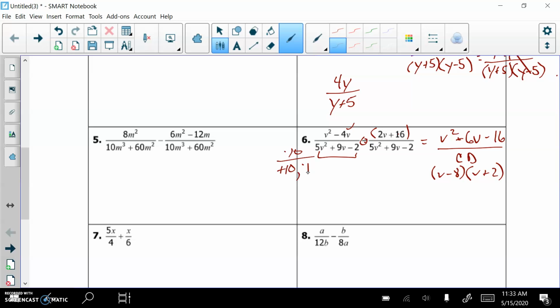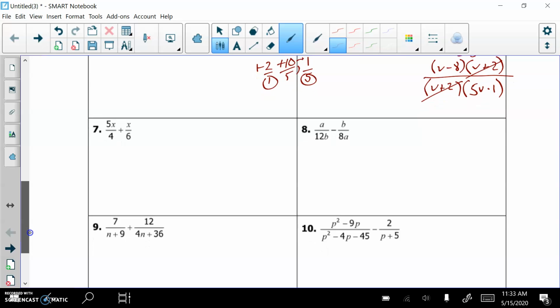How did we do this? Divide by 5. Simplify, that's 2 over 1. All right, so we have v plus 2, there it is, and 5v minus 1. V plus 2's cancel. V minus 8 over 5v minus 1.